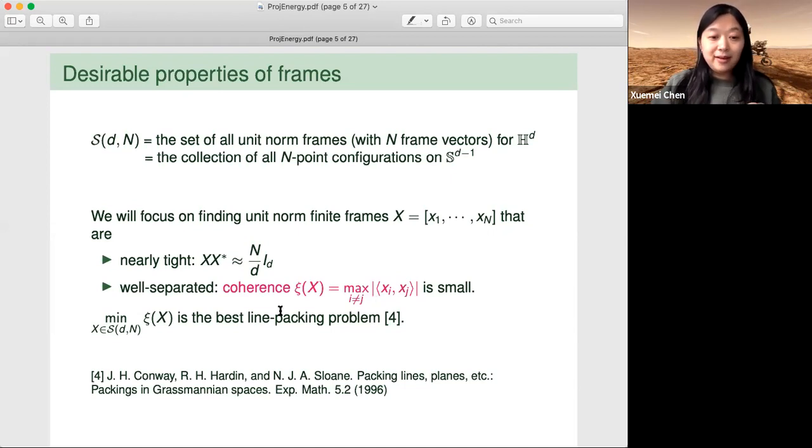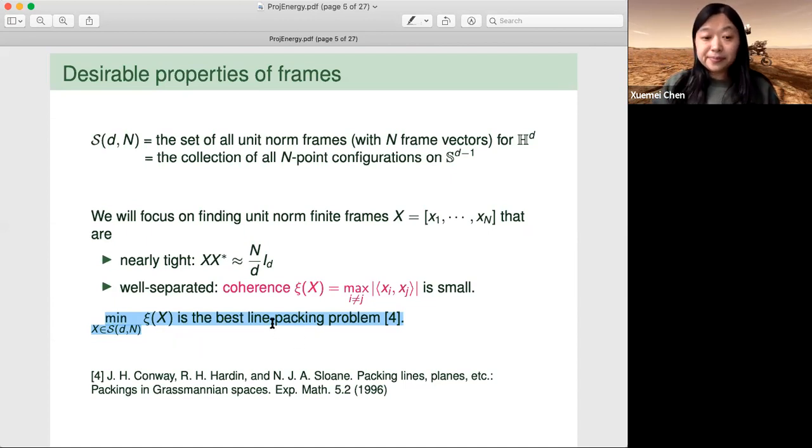And it's pretty easy to realize that if we want to find the point configuration that will minimize the coherence, make it the best possible, this is pretty much a best line packing problem, which has a seminal work by Conway, Hardin, and Sloane on packing lines, planes, basically Grassmannian spaces.